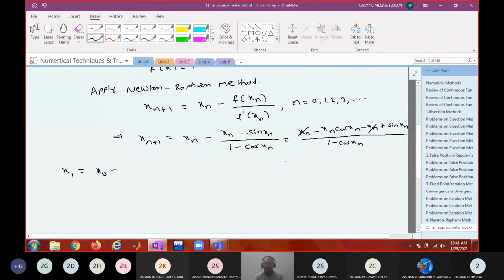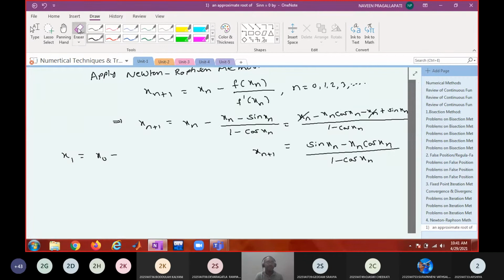So the simplification is sin xn minus xn cos xn by 1 minus cos xn. So that is the formula for xn plus 1. You may do like this and find out x1, x2 and so on.